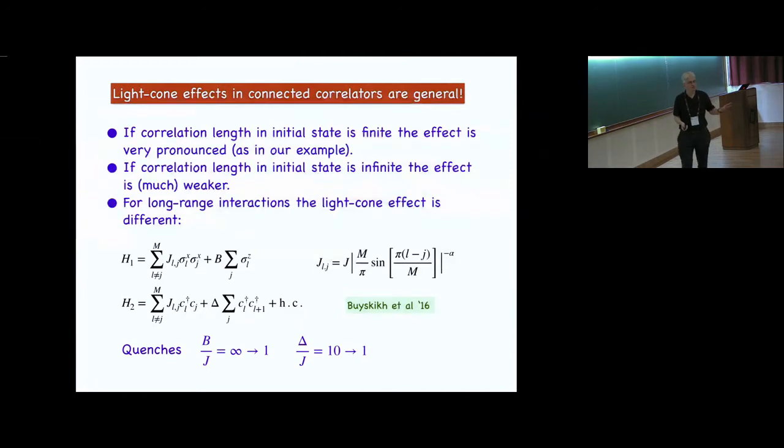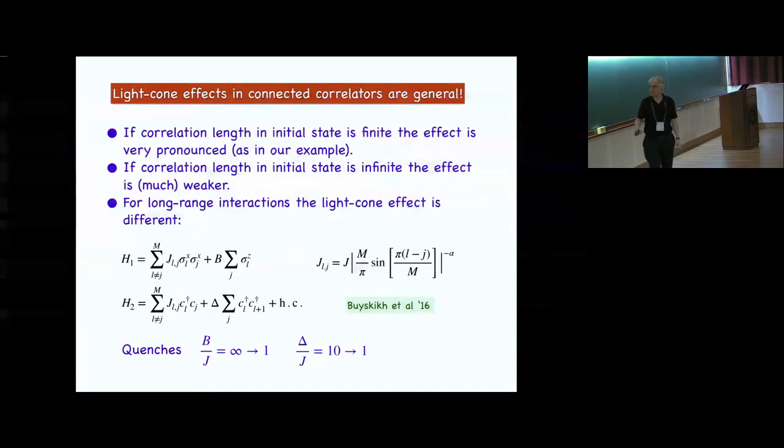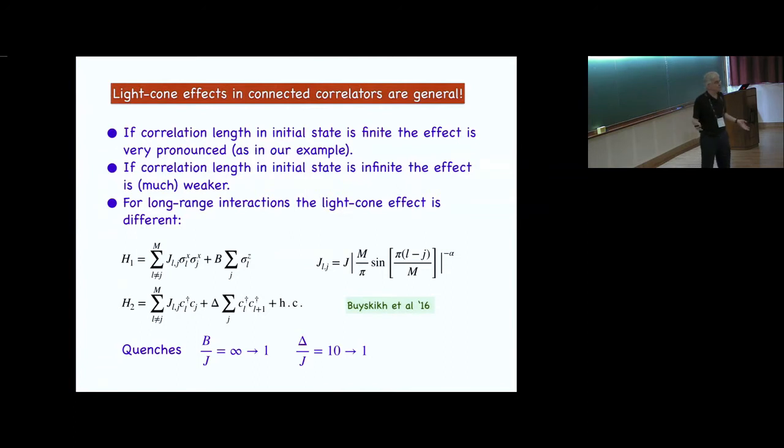That's the particular quantum quench. And in this long-range Kitaev chain, what we do is we start with delta over J equal to 10, and then time evolve with the Hamiltonian where delta over J is 1. Once again, we prepare it in the ground state of that model. These are particular quantum quenches. And now the question is, what do the light cone effects look like in these long-range models?